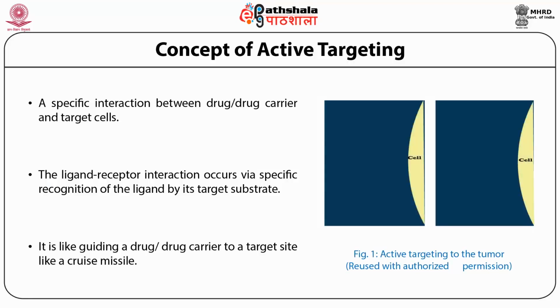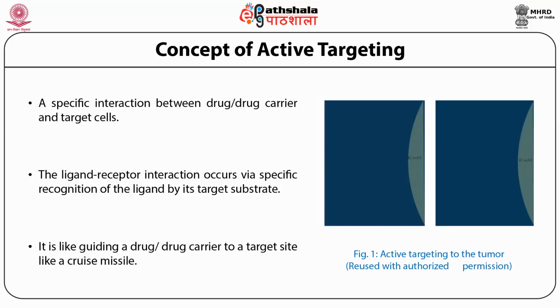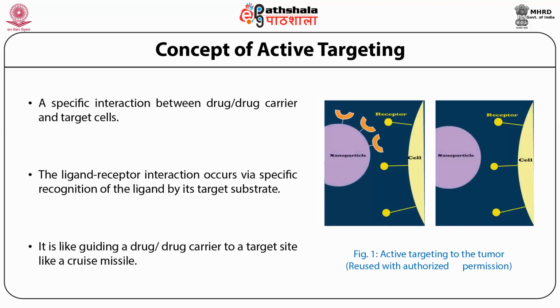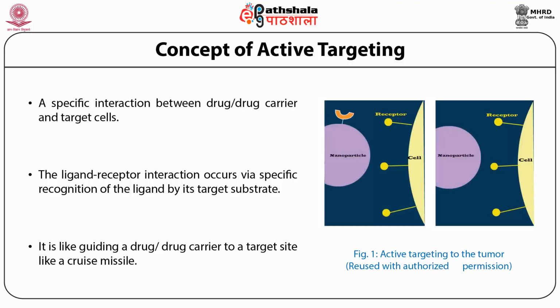In this figure, you can see a nanoparticle and the receptor of the targeted cell where the drug has to reach, with an interaction between the ligand and the receptor. This ligand-receptor mechanism is the principle of active drug targeting.